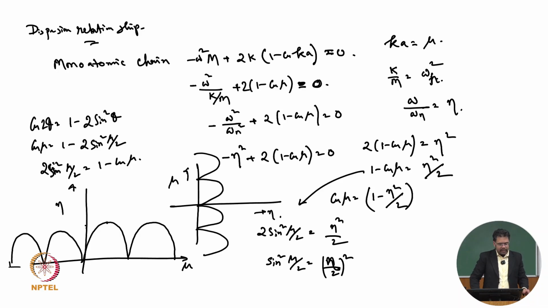Yeah, that is one case. Also you have to understand that once we are plotting, we are taking into consideration that our eta is not crossing the value where mu becomes complex.